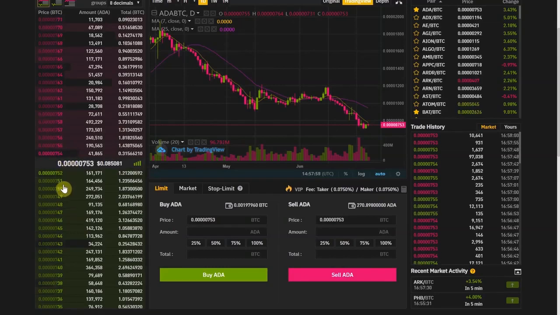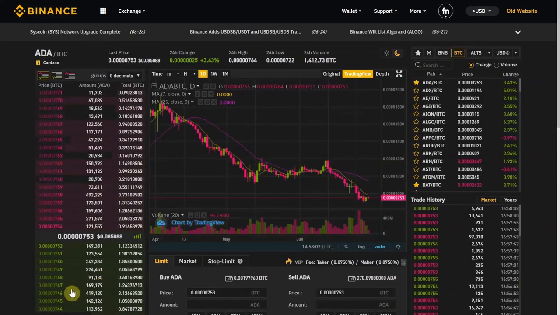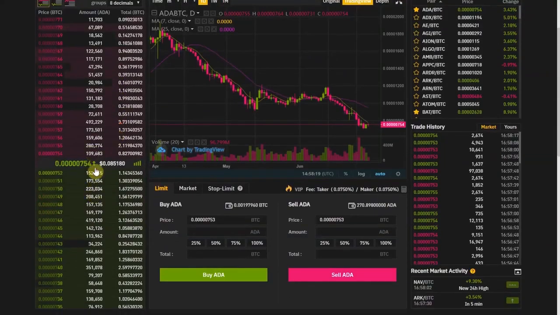So this is the bid and this is the ask. You will probably hear these two terms if you haven't already. Bidders are bidding to buy, and the asker, it doesn't sound like a word, but they're asking this price to sell. Very easy.